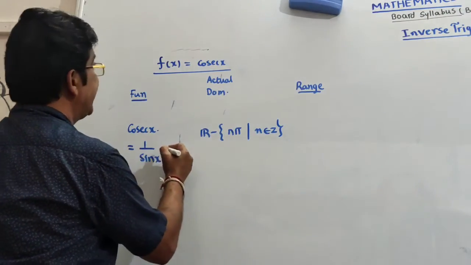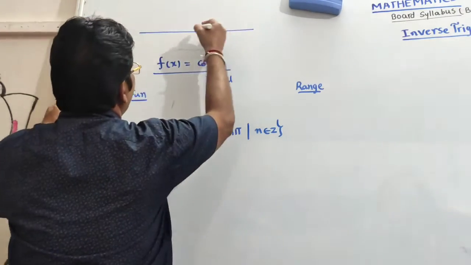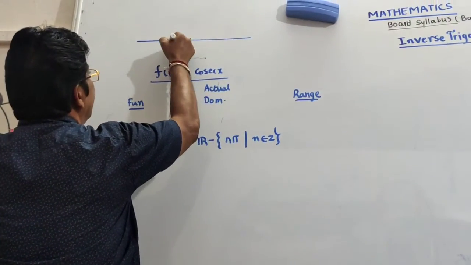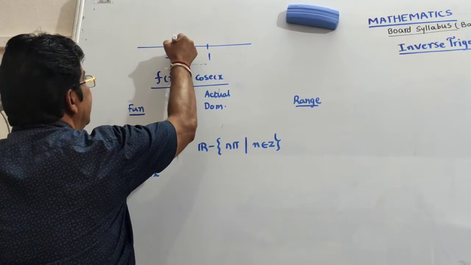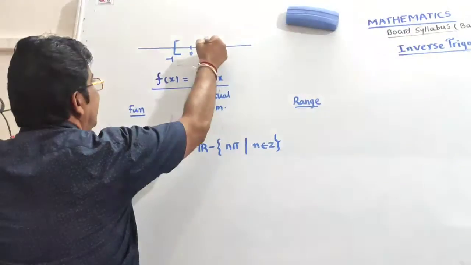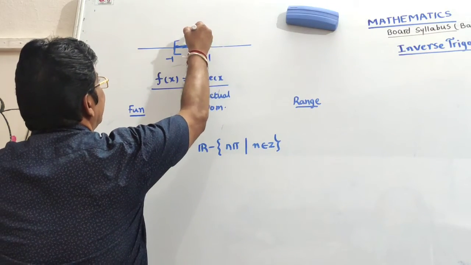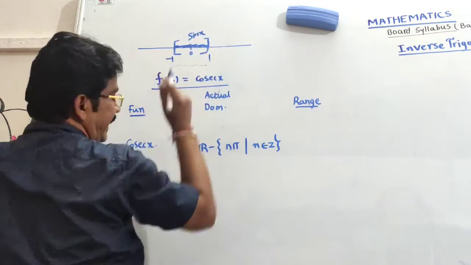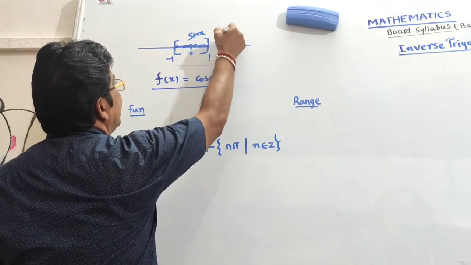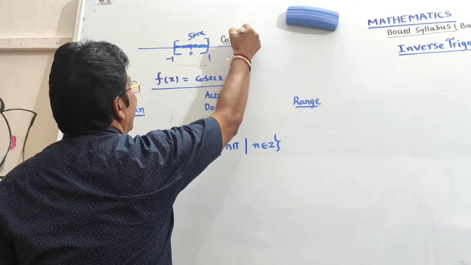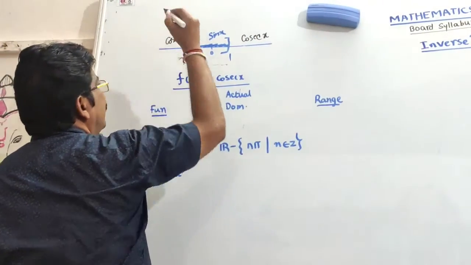Next, cosecant is the reciprocal of sine. What is the range of sine? It is minus 1 to plus 1. This is the range of sin x. What is its reciprocal? Cosecant x. So this is the total cosecant x range.